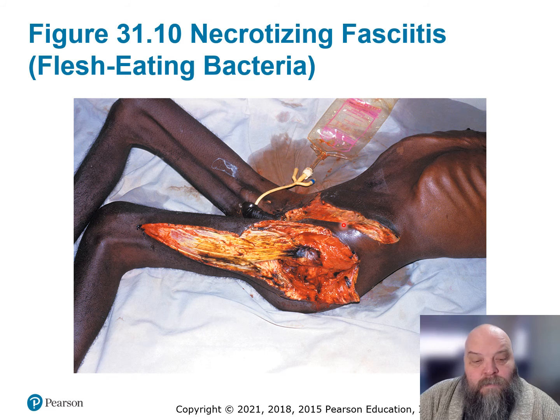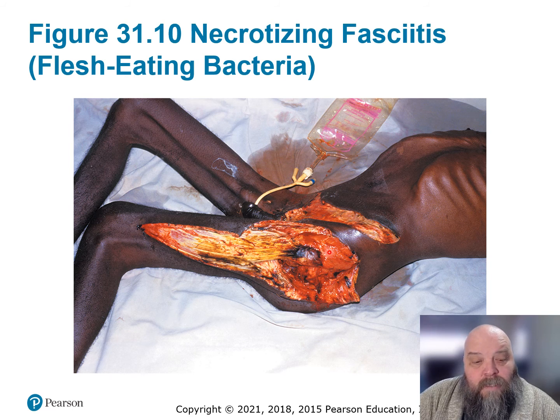So you'll see the beginning of the spread of the black tissue, the death of the tissues as it's spreading down the leg, and it is spreading up towards the abdomen, which is why you see a wound here, a wound there. Don't know which one came first, but it spread from one to the other, or vice versa. You can see the discoloration of the tissues here, here, and here. This is going to continue to die and spread until they can get ahead of it.